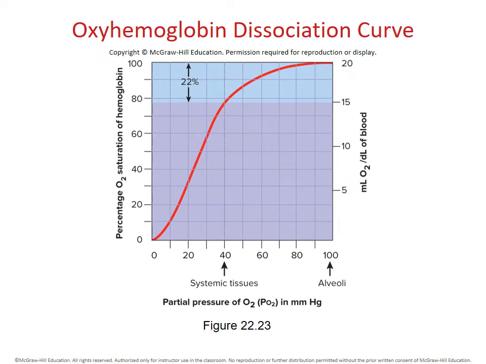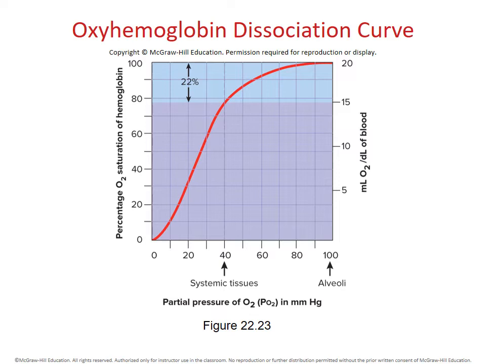To understand how hemoglobin behaves in terms of picking up oxygen and releasing oxygen, we typically explore that by looking at something called the oxyhemoglobin dissociation curve.